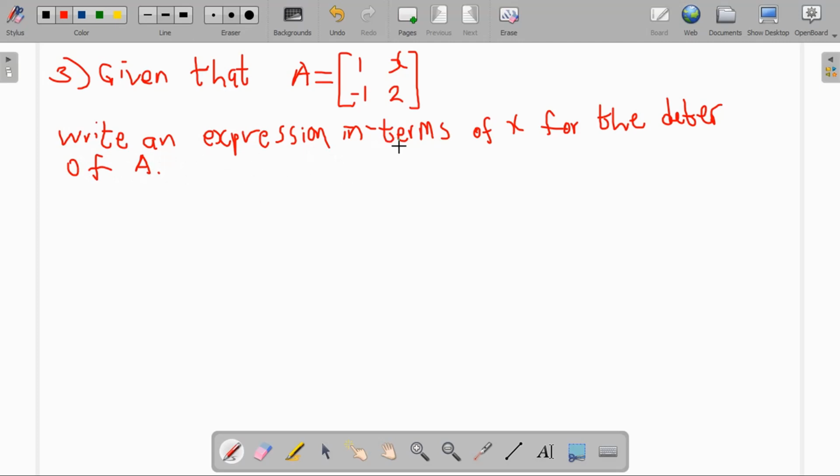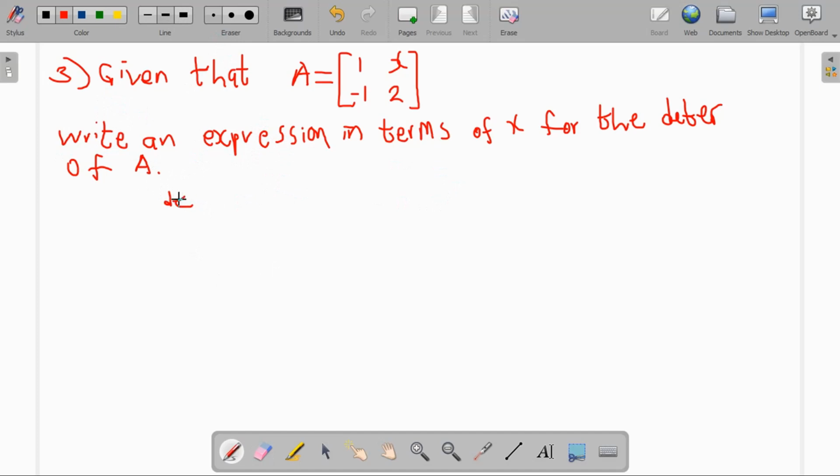So write an expression in terms of x for the determinant of A. So we are writing an expression. First of all, we write the formula for finding the determinant.